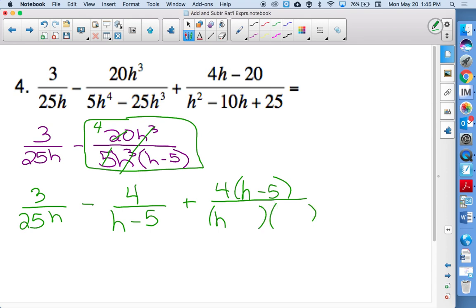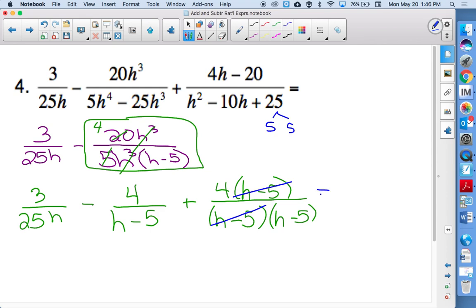No, h minus 5 and h minus 5. You could also write them together as one quantity, h minus 5 squared. So 25 is 5 and 5. If they're both negative, then I get that negative 10. So Eris, what would happen with that fraction? You can cancel out the h minus 5. Yeah, so they cancel.